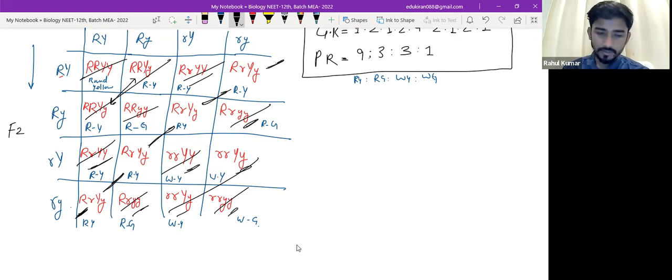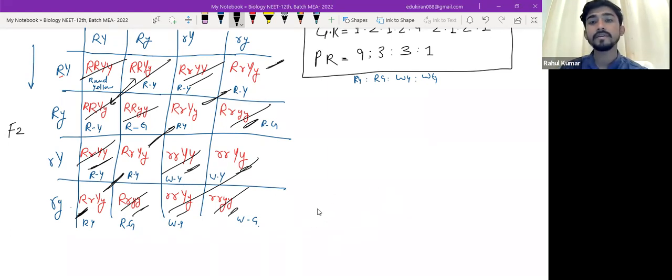When two pairs of characters are combined in a hybrid, the segregation of one pair of characters is independent of the segregation of the other pair of characters.